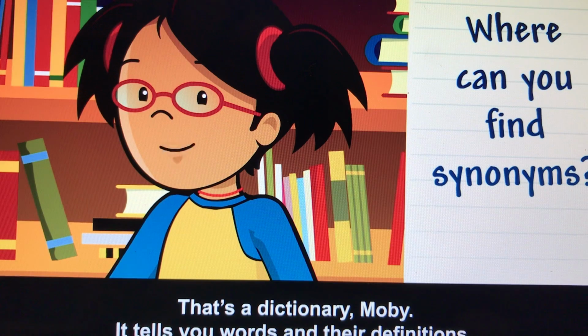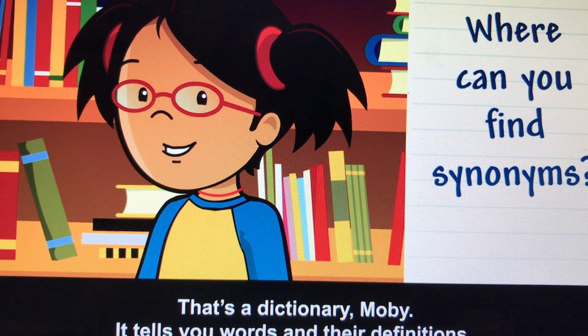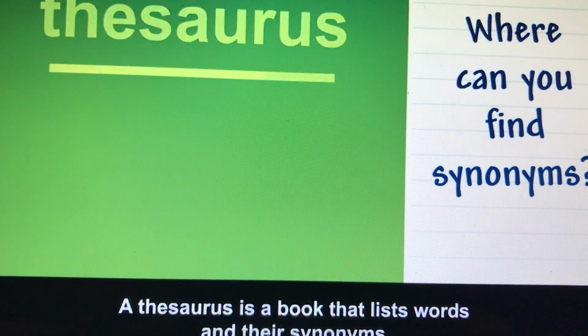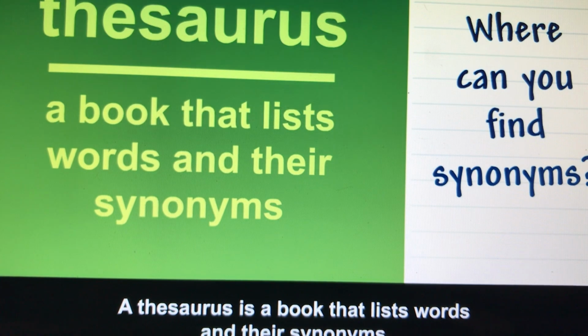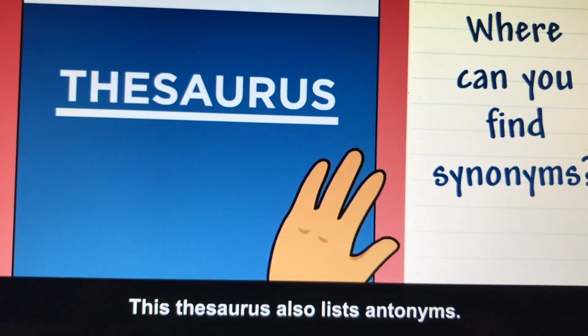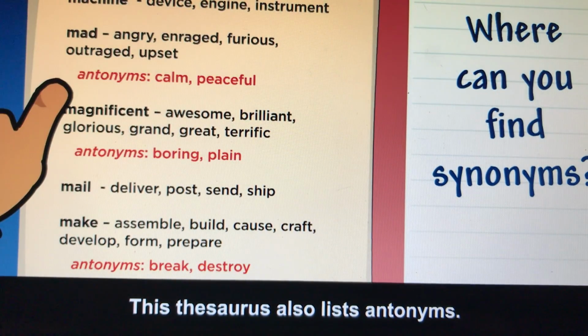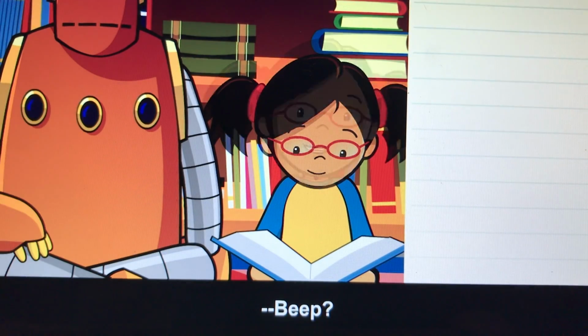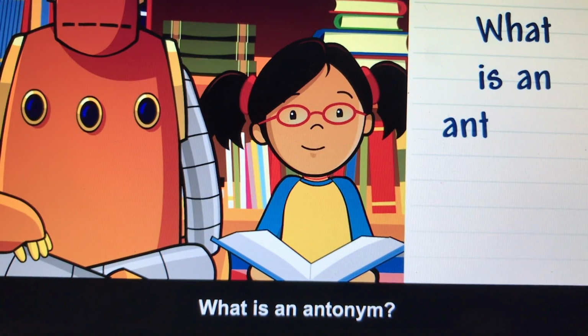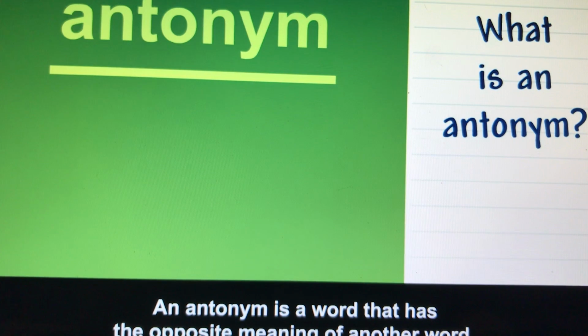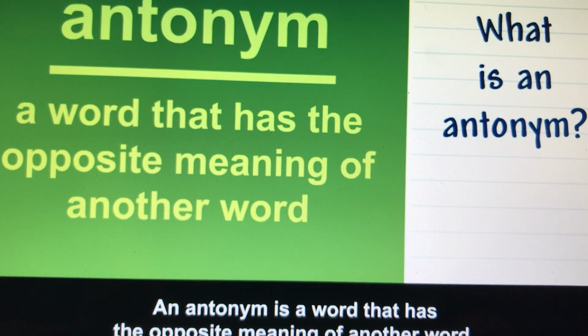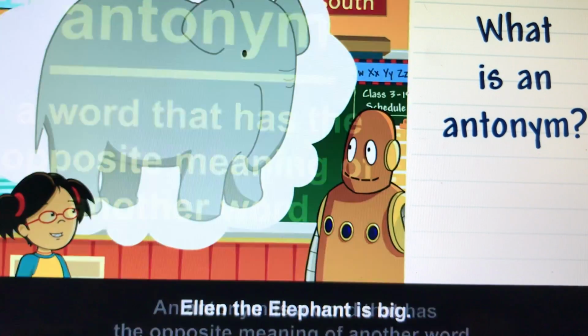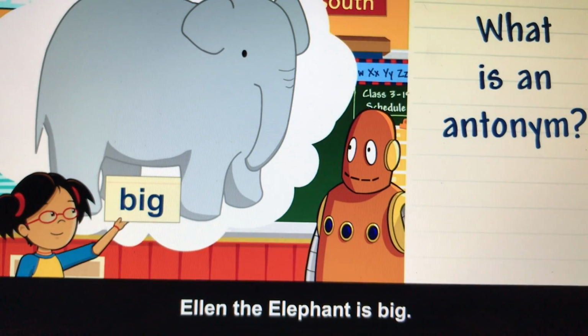That's a dictionary, Moby. It tells you words and their definitions. A thesaurus is a book that lists words and their synonyms. This thesaurus also lists antonyms. What is an antonym? An antonym is a word that has the opposite meaning of another word. Ellen the elephant is big.